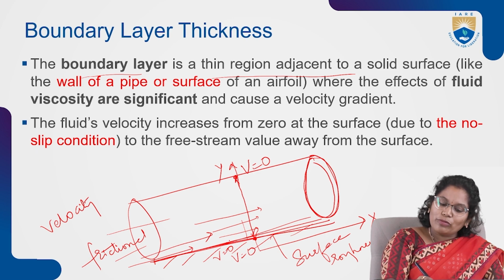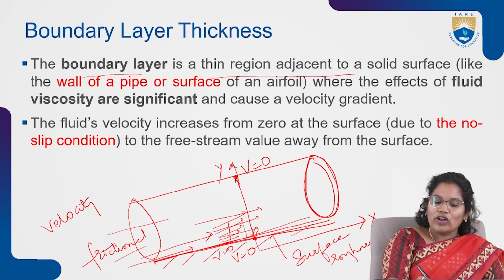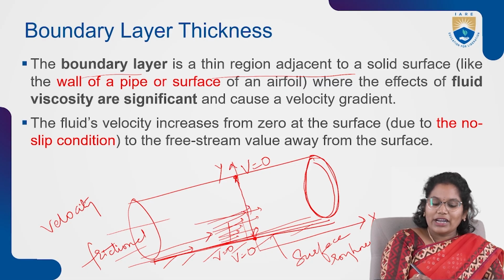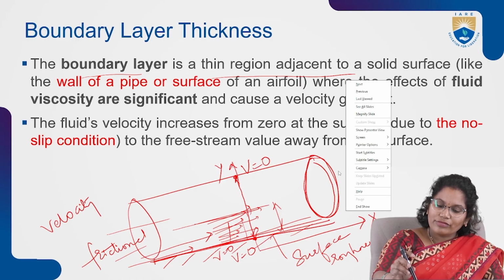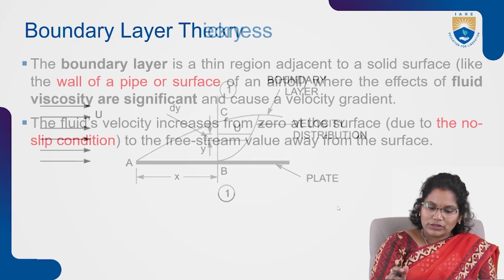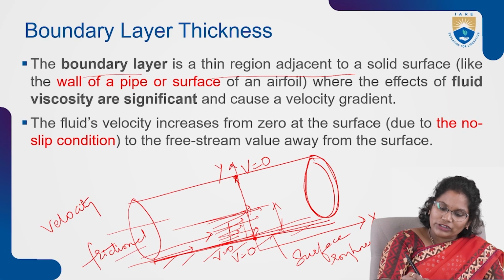As you are moving away from this boundary, you see variations in velocity in the y direction, which we call the velocity gradient. This is what a velocity gradient is.